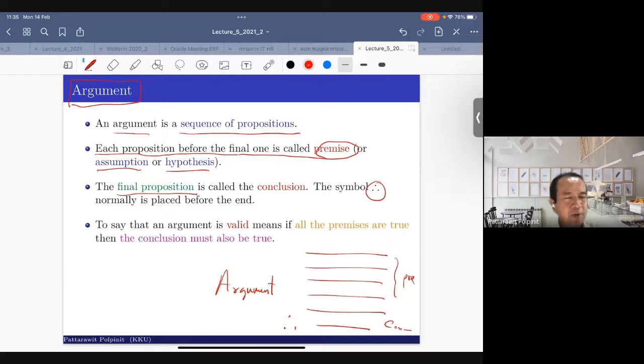But if the conclusion cannot be drawn from your premises, then the argument is invalid. In this section, we're going to learn how to find whether an argument is valid or invalid.